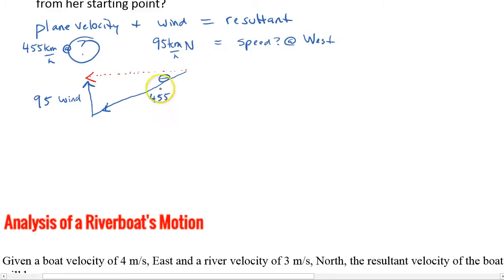This time I know the resultant. So this is the opposite side, and this is the hypotenuse. So that's where you use sine. The sine of the angle is equal to the opposite side, which is 95, divided by the hypotenuse, which is 455. So theta will be the inverse sine of 95 over 455.